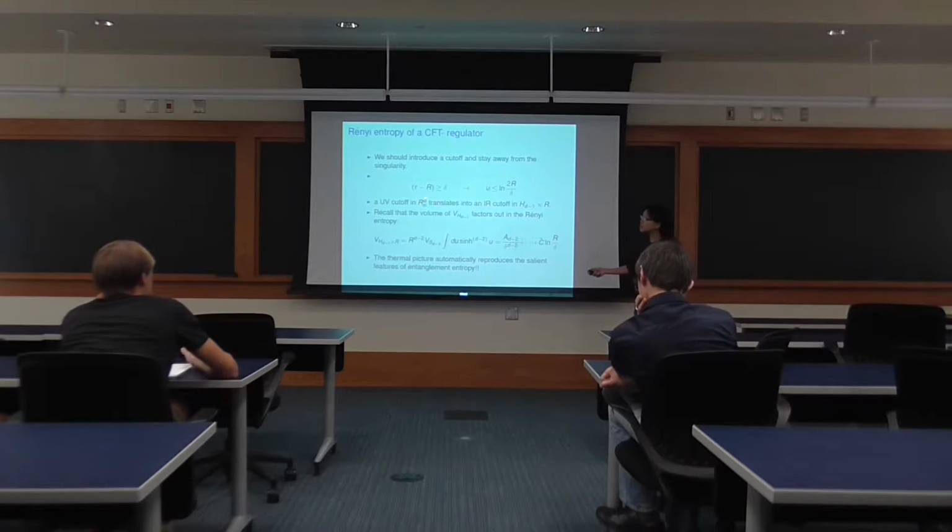All you need to do is stay a little bit away from the conical singularity, and that distance, let's call it delta. You could make use of the conformal transformation and interpret that as some bound on the value of u. You don't want u to get too large.